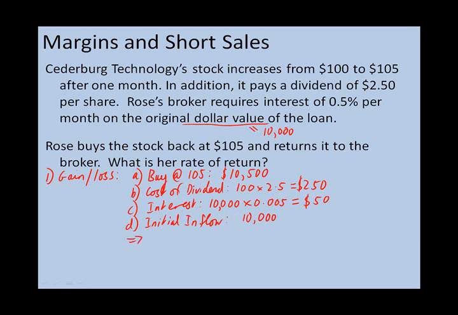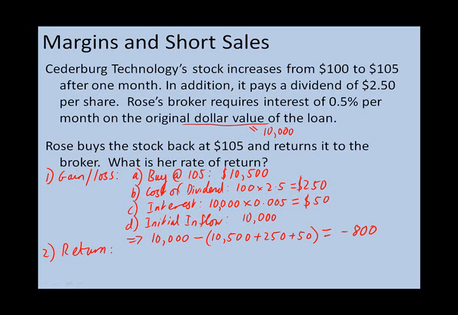Now we can calculate the gain or loss. We initially received $10,000. We then bought back the stock at $10,500, so we had an outflow of cash of $10,500. We also had to pay for the dividend, and we also had to pay an interest charge. So the gain or loss on this was minus 800. Now we can calculate returns.